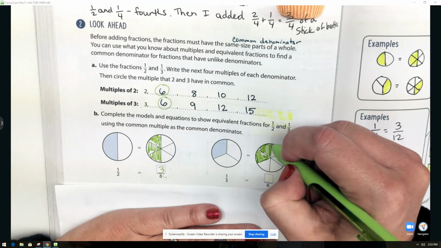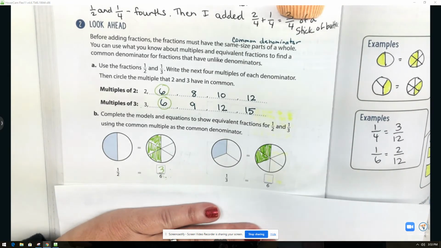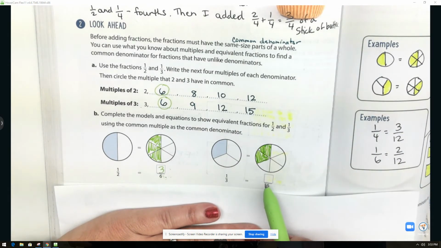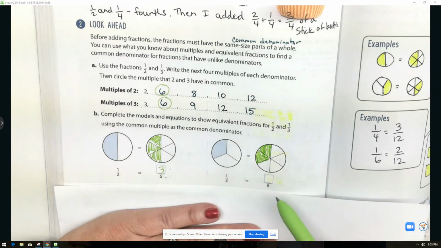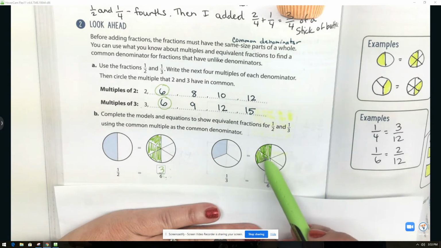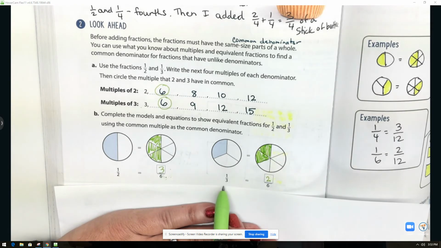So now when we look at the pictures, the 2 pictures match. Now here, we've broken the circle into 6 parts again, because that was our common multiple. And then how many parts did we shade in? We shaded in 2. So 1/3 is equal to 2/6, or 1/3 is an equivalent fraction to 2/6.